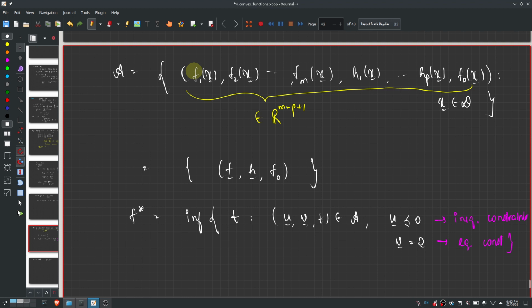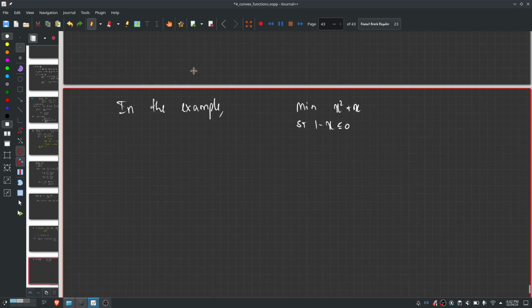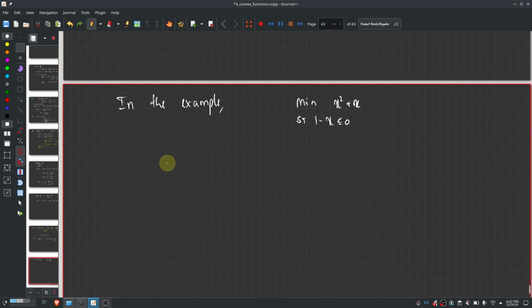So first list all the inequality constraints, the functions corresponding to the inequality constraints, and then the objective function itself. So A would be simply the set of all (1 minus x, x square plus x) such that x is in R.